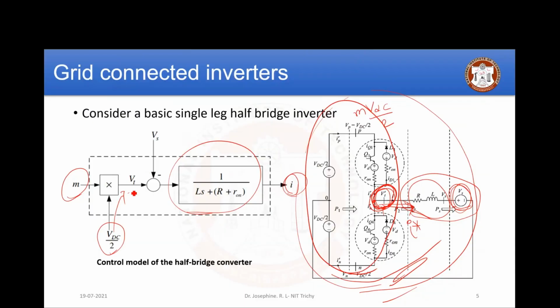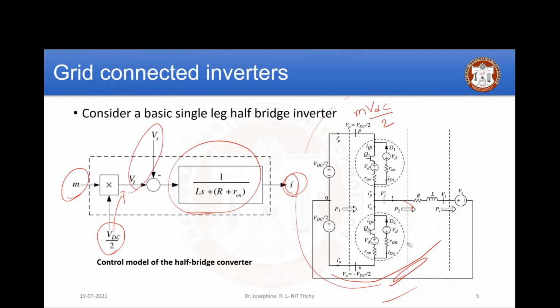If you subtract VT minus VS, if you see, this is my VT, this is my VS. If you write VT dash, taking the direction of current like this, is equal to Ri plus L di by dt plus Vs. Can I say that?